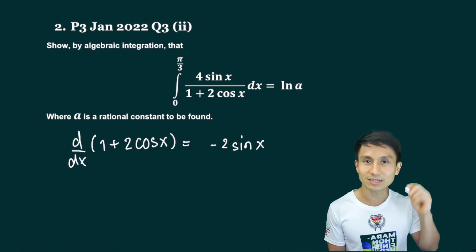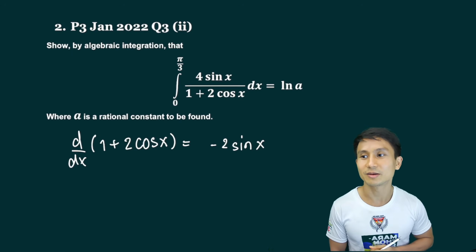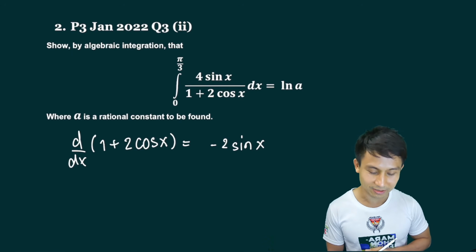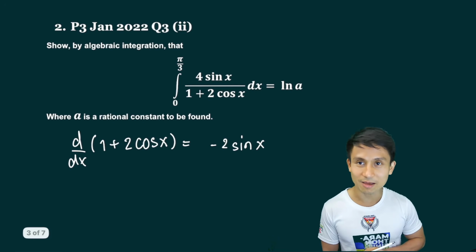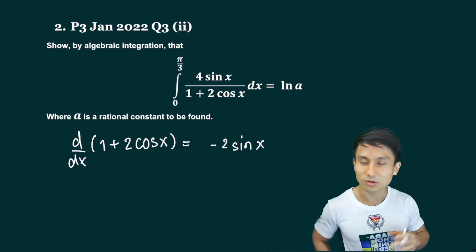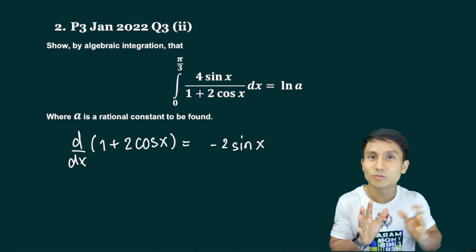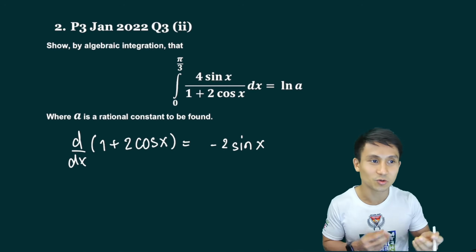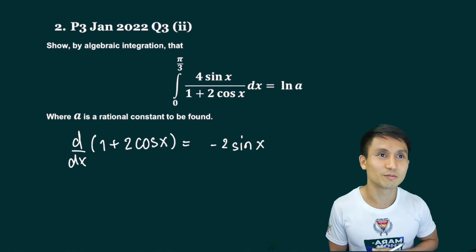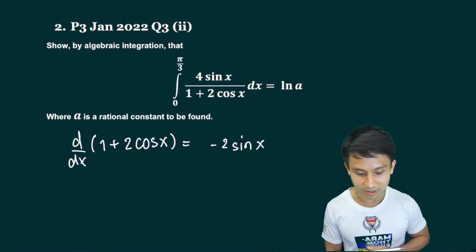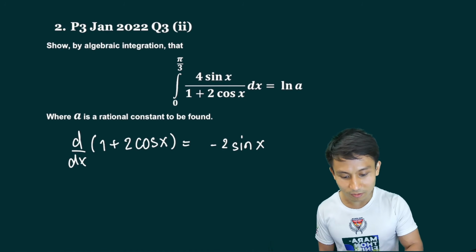But it is not exactly the numerator, because the numerator is 4 sine x. So how do we make it so? Well, we multiply by minus 2, right? This might require a little mental math if you want to make it faster, or you can use a calculator, of course. For those of you who are more used to using a calculator, feel free. But we are going to multiply by minus 2.